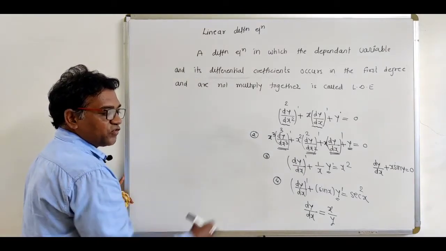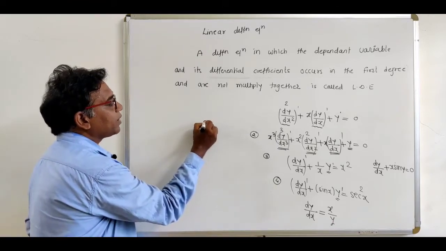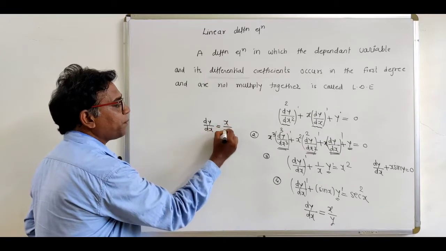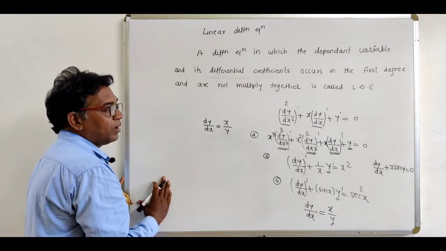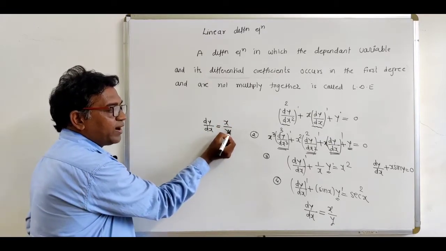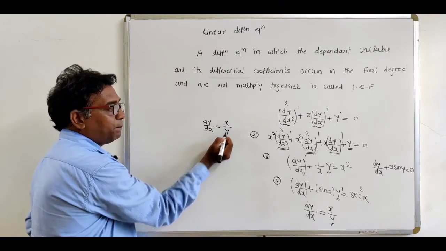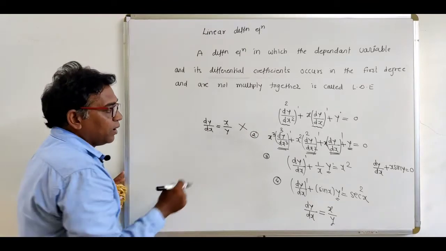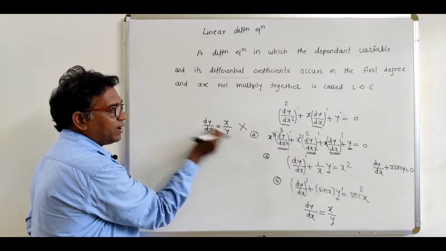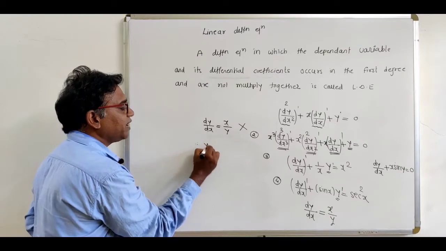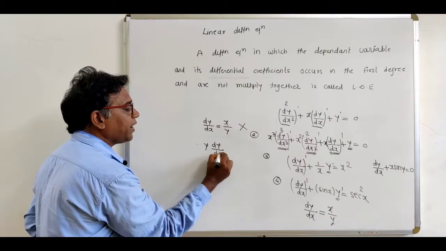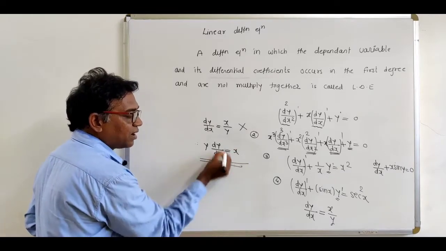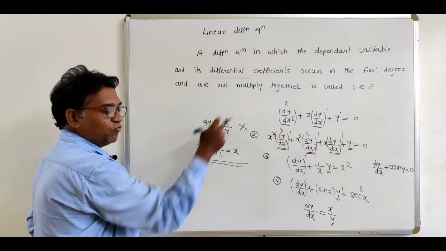Now if we consider this fifth example, that is dy by dx equal to x upon y. Now obviously the degree of y is 1. But this is not a linear differential equation. Because if we transfer this y to the left hand side, then we get y into dy by dx equal to x. So this differential equation contains a product. Which product?